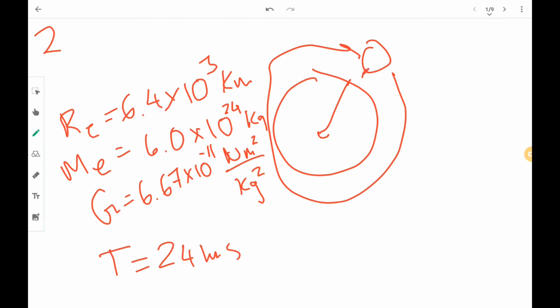And they want you to find the distance at which the satellite is high above the Earth. So let's call this h. This is the radius of the Earth. They want to find h. You have the formula net F equals ma, and since we want to find the height, we change this to v squared over r.